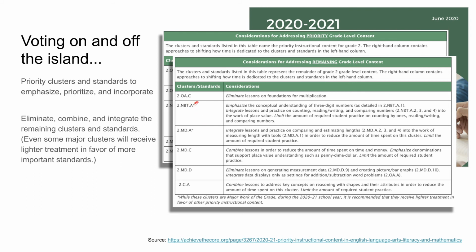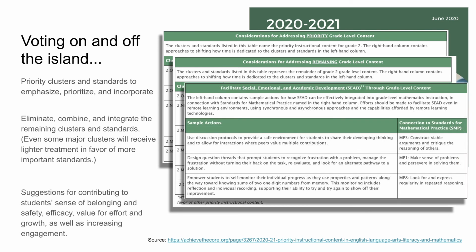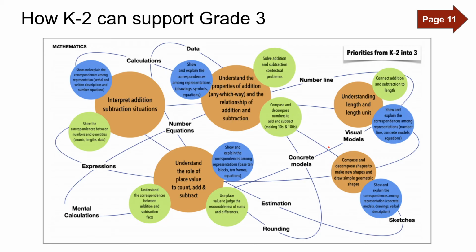And the starred ones, these asterisk ones, are major clusters that are going to receive less of a priority than in a typical year. And then this document also helps us address social and emotional needs. How do we incorporate social and emotional needs inside our current year content?